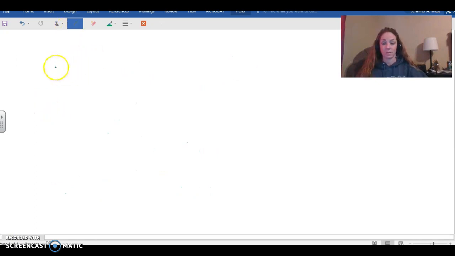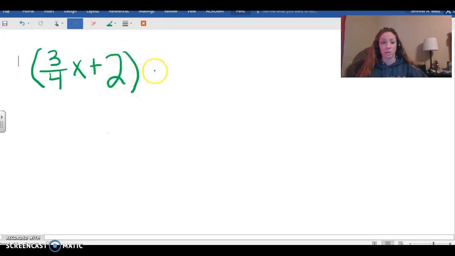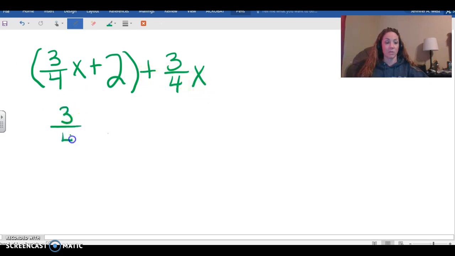Well, let's try one with a fraction in it, see if that is still possible. We have (3/4 x + 2) + 3/4 x. All right, so we have here an x and an x, so we know we can combine 3/4 x and 3/4 x, and then there's a 2 and nothing else over here.